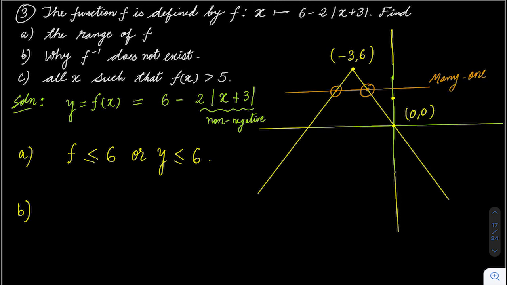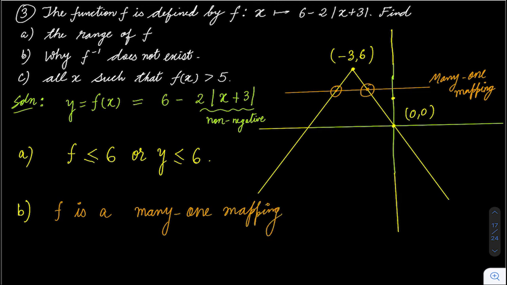So it basically means for different x, they are getting the same y. So we can say that f inverse x does not exist because f is a many-to-one mapping. And whenever it's many-to-one mapping, inverse does not exist.